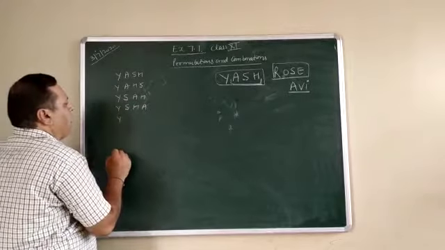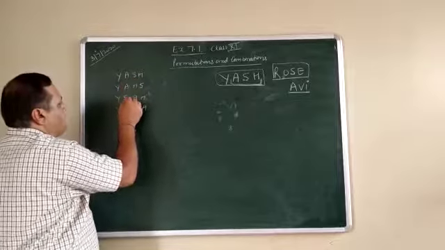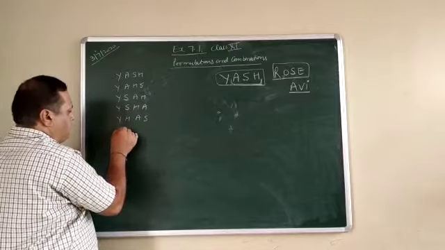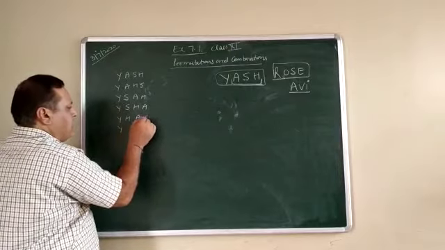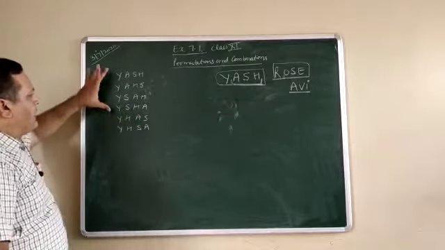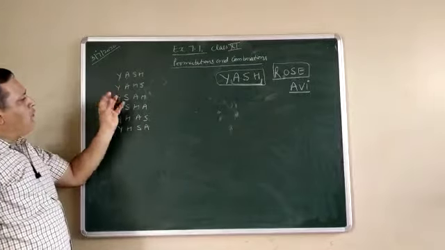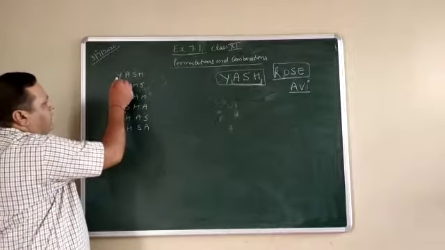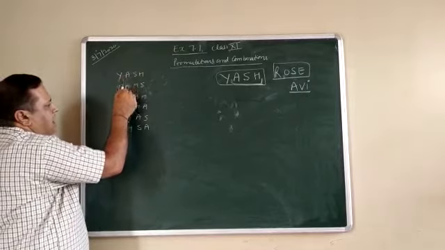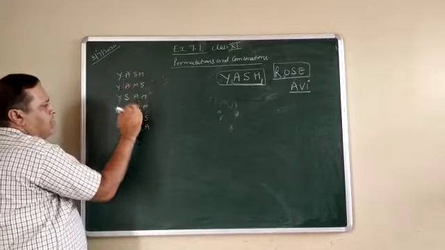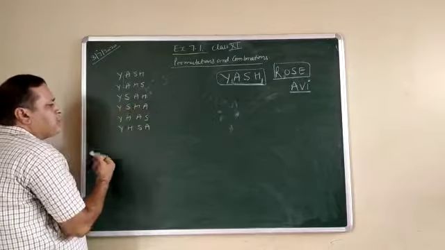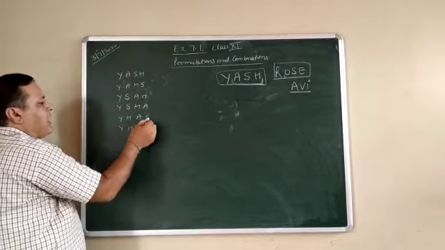Again Y here, now A and S are fixed, now it is the turn of H: it is A and S, then H, S and A. If you observe carefully, the letters are the same, but I am arranging them. The first letter Y is kept fixed; then A is fixed and S and H rotate their positions, then S is fixed and A and H interchange, then H is fixed and A and S interchange.